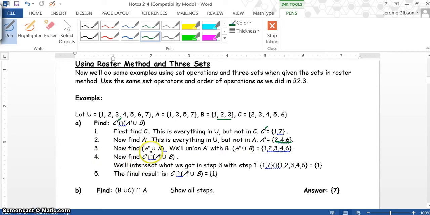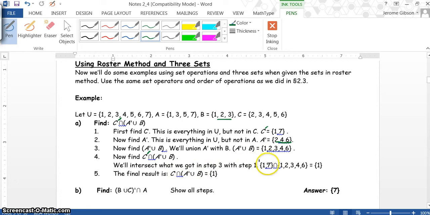Now this is supposed to be C complement intersect A complement union B. We already have A complement union B, which is written here as well. We'll intersect what we got in step 3 with step 1.